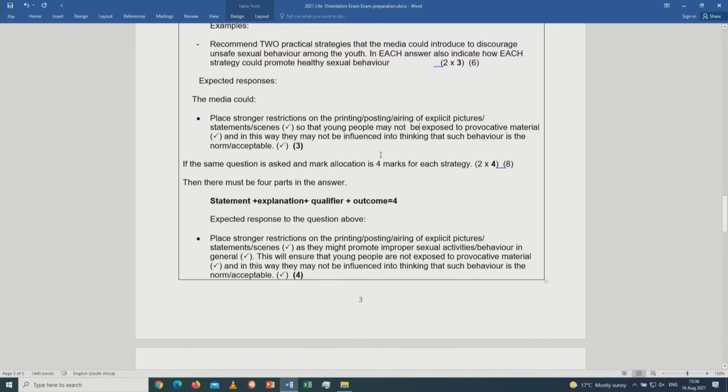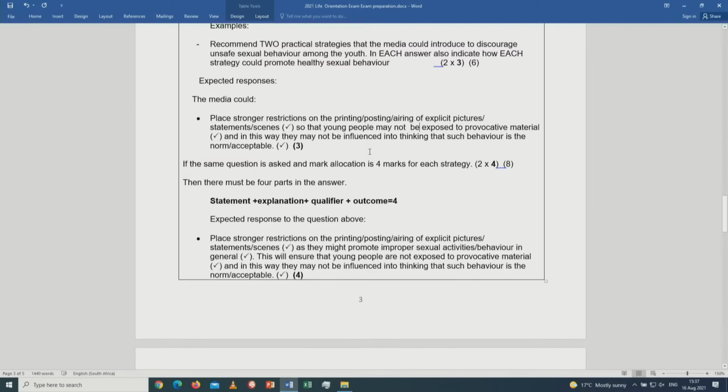The last part of that response, what will the result be if this recommendation that I'm saying, because of how I am explaining it, which is the second part, my motivation, what will the result be? And in this way, they may not be influenced into thinking that such behavior is the norm or is acceptable.